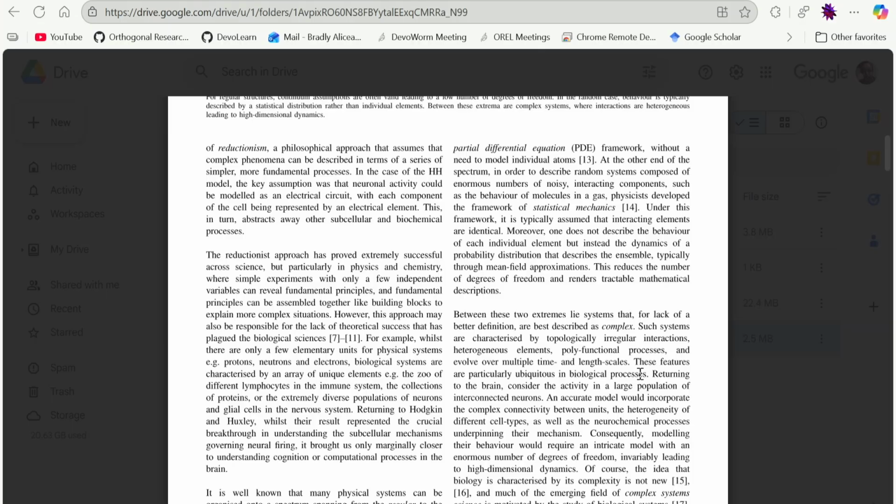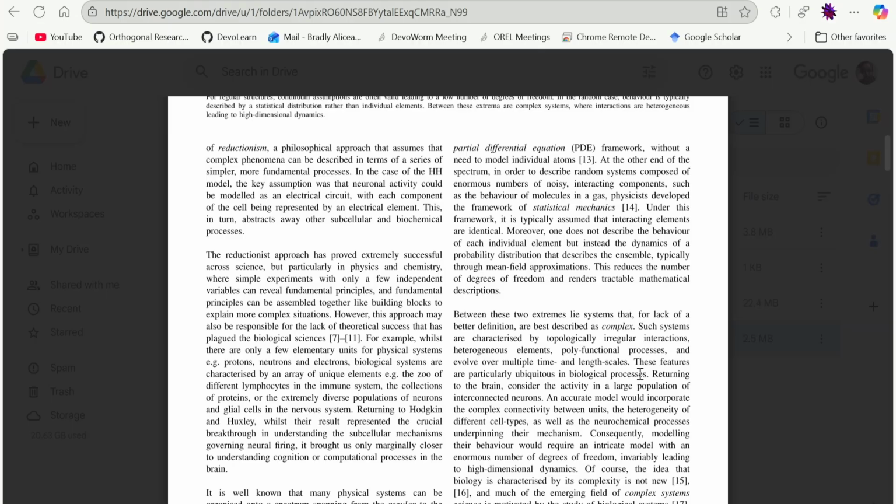So you can see the problem: in physics, we have a good characterization of these homogeneous systems, of these systems where we can drill down to individual elements. And then even with the Hodgkin-Huxley model, we're dealing with a biological system where there's a lot of complexity.